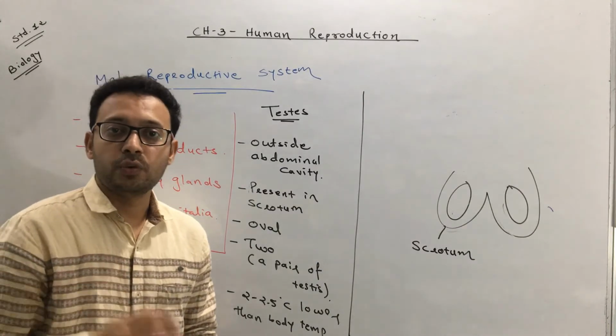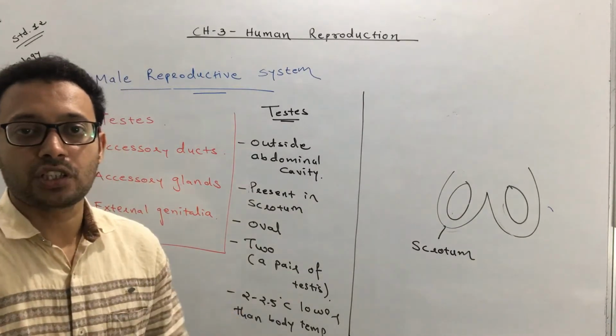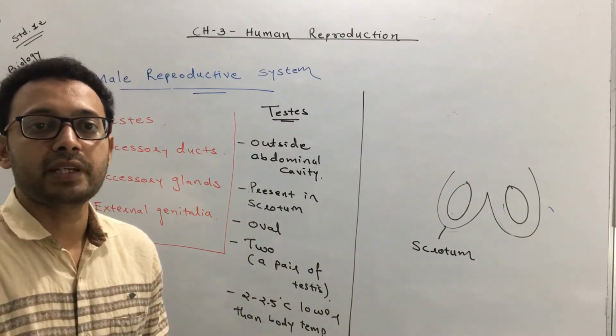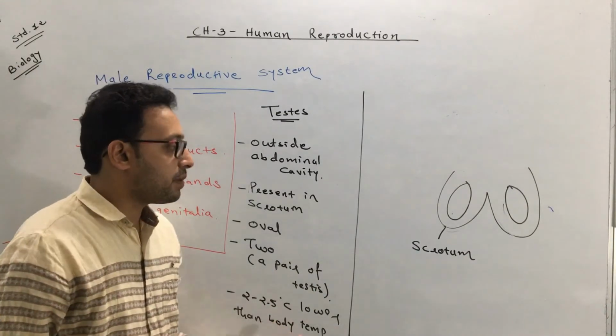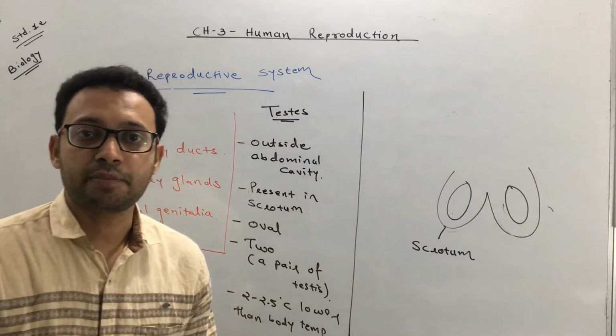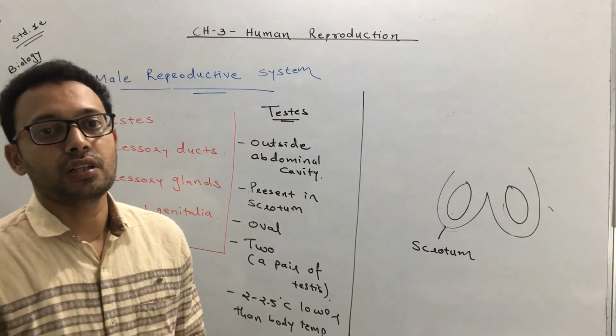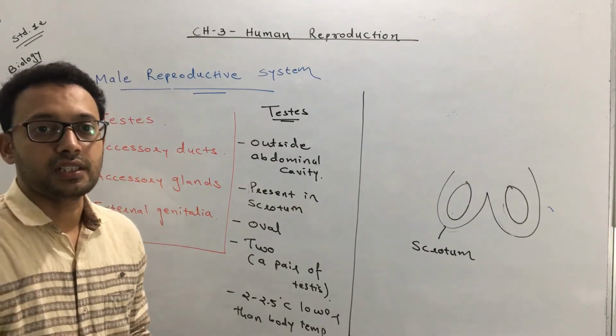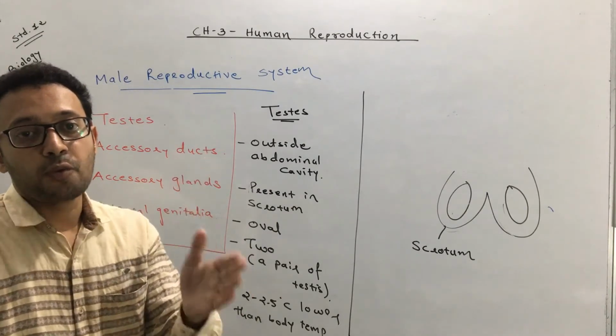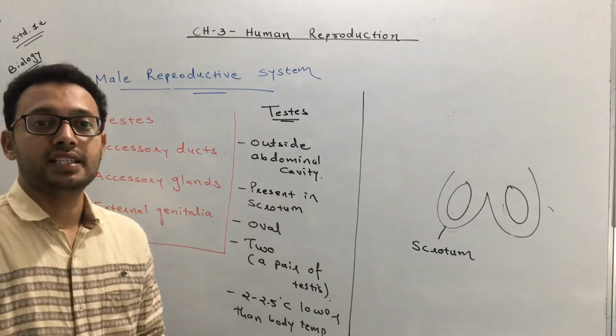Okay. The usual normal body temperature of a human being is 37 degrees Celsius, so what should be the temperature of the scrotum where the testes are present? The temperature is 34.5 to 35 degrees Celsius.